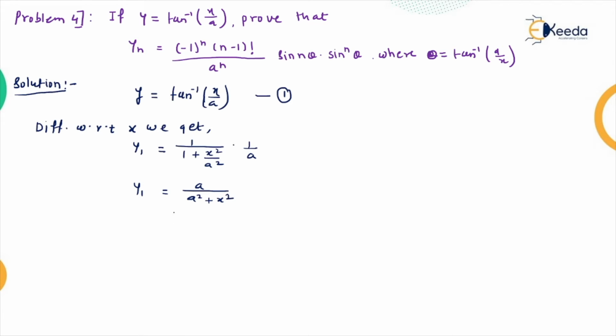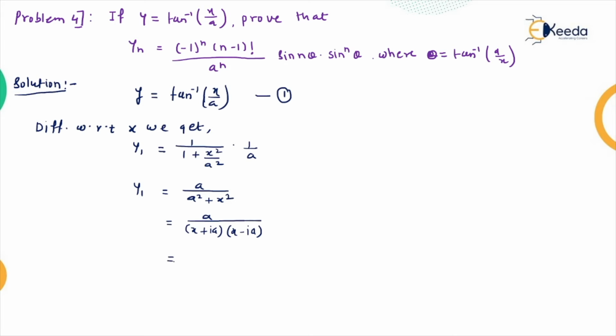After that, we take the denominator in the form of its factors, guys. So a upon, what are the factors of a square plus x square? This is nothing but x plus i into a, and in the second bracket x minus i into a, that is an expansion of a square minus b square likewise. So x plus ia, x minus ia.